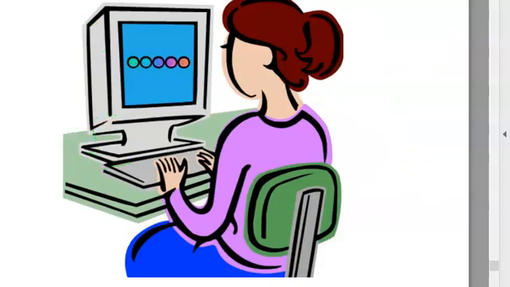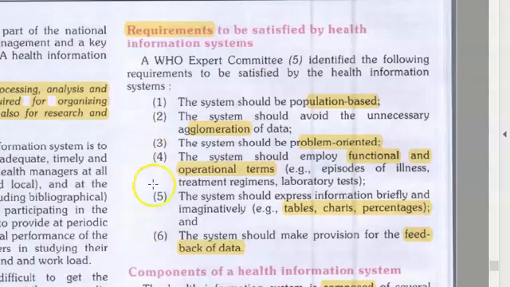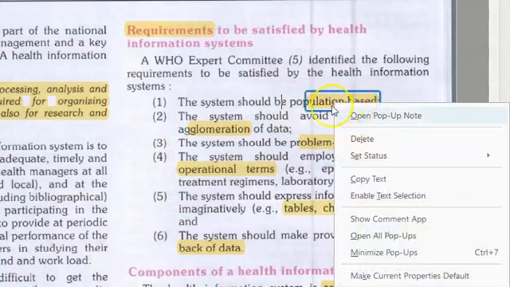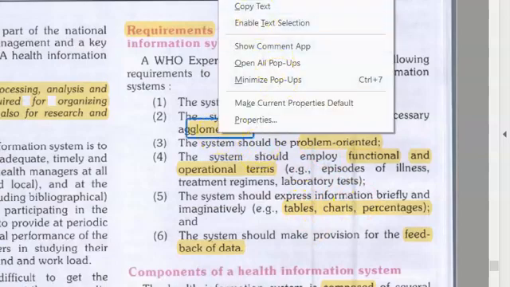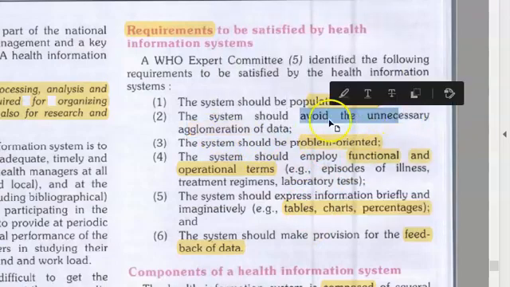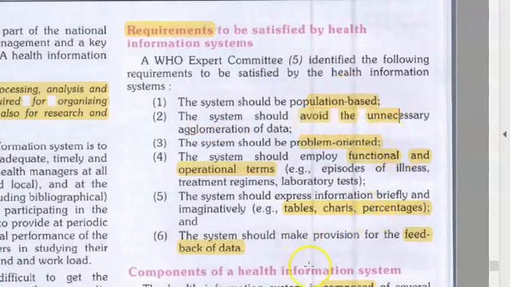The first point we saw was it should be population based. Okay, this looks like I will forget this word, population based. Okay, then you should be able to express it imaginatively, tables, charts, percentages, etc. Then lastly they have said feedback, make provision for feedback of data.